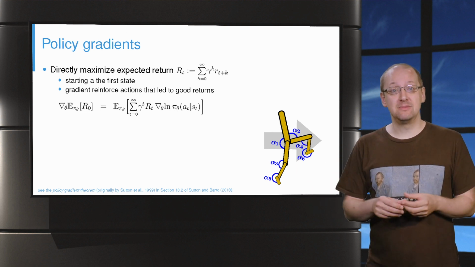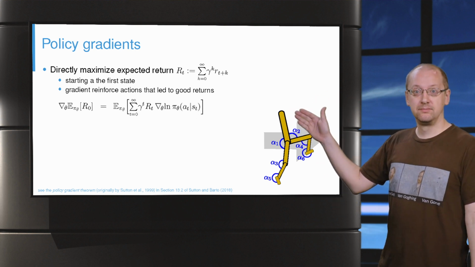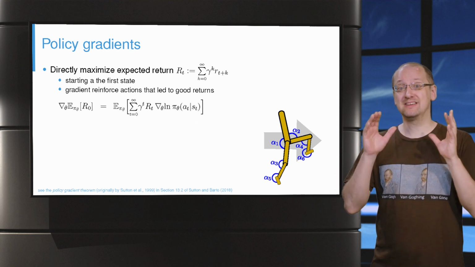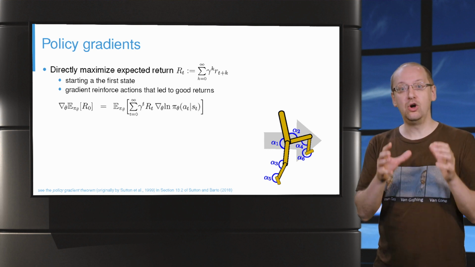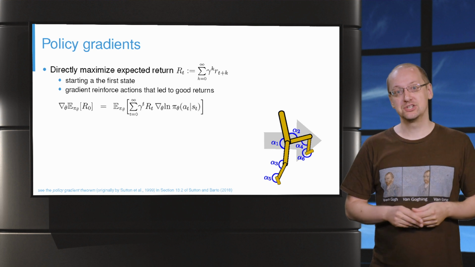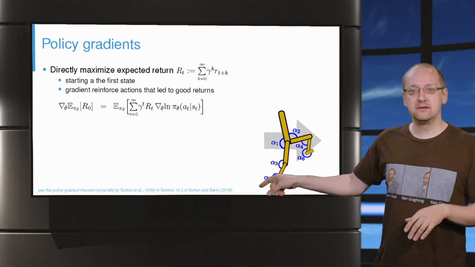We only need to maximize the expected return starting at the first state. The gradient of this return can be computed as the expectation of the weighted gradient of the log likelihood that the policy would have selected an action. For a formal proof of this, please have a look at the Sutton and Barto book here.